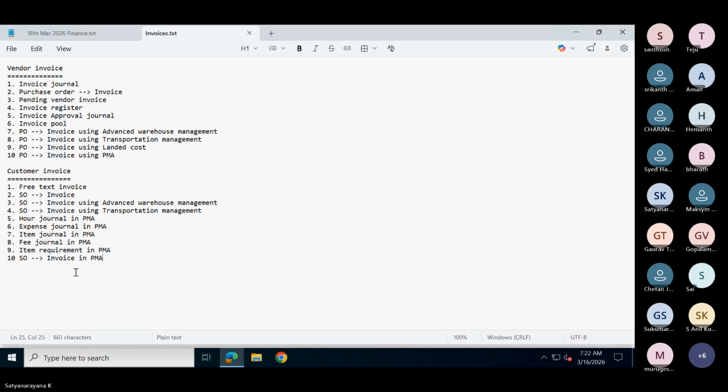Next, vendor payment. So we can do vendor cash payment, vendor bank payment, partial payment against invoice, settlement or proposal.